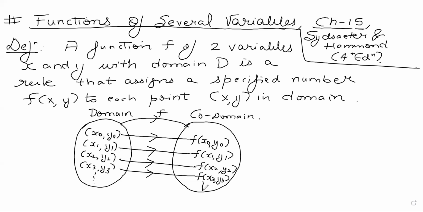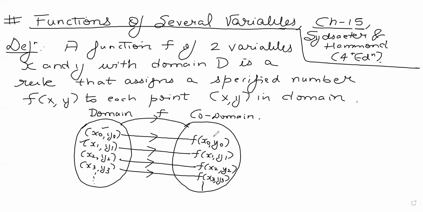Or if I speak in more technical terms, my domain will now consist of vectors in 2 dimensions. All of you have studied with me the concept of vectors in the MME1 course. (x0, y0) itself is a vector in 2 dimensions. (x1, y1) is a vector in 2 dimensions, and so on. So now my function is mapping the vector in 2 dimensions to a real number. f of (x0, y0) is a real number. f of (x1, y1) can also be a real number, and so on.